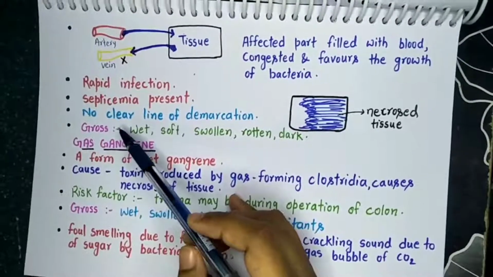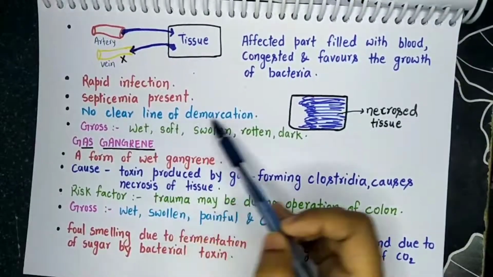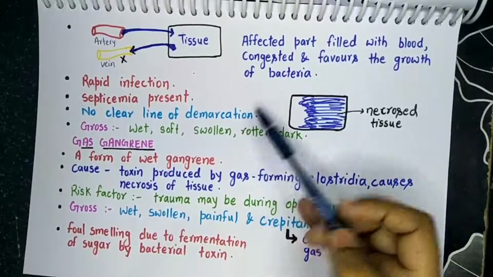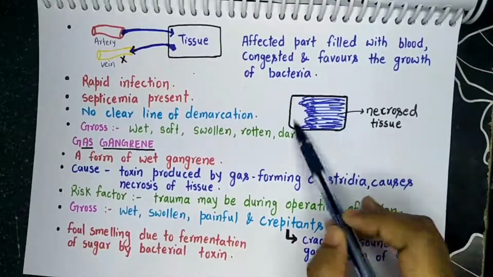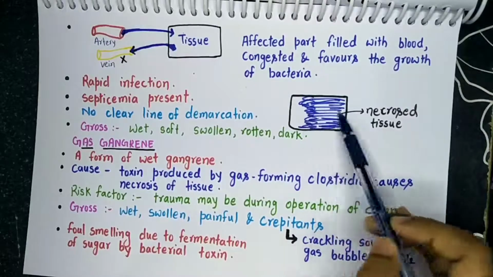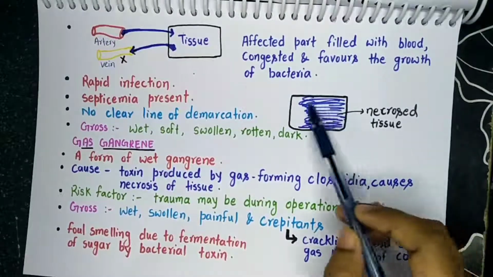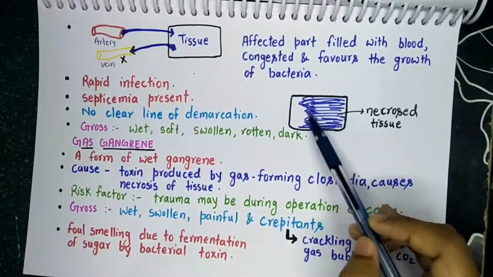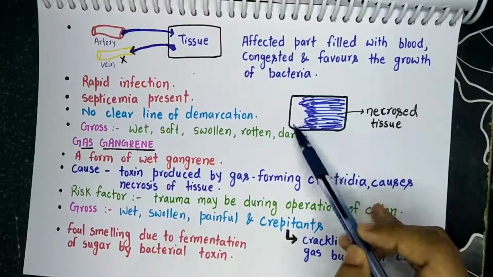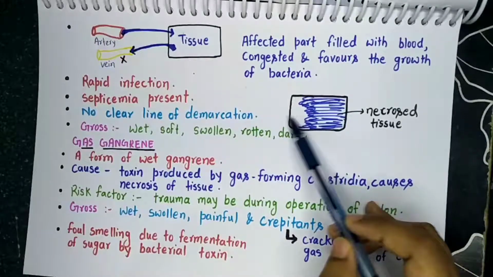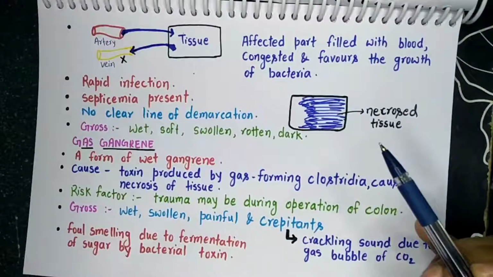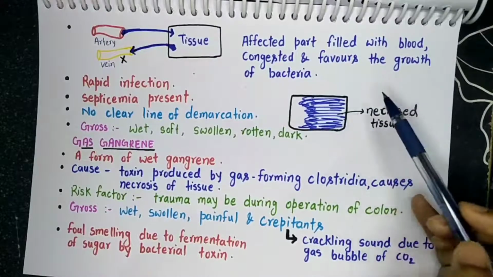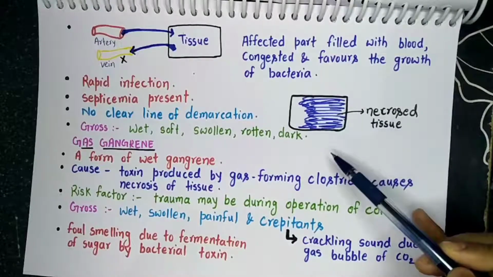And the next one is, there is no clear line of demarcation in case of wet gangrene. Like in a section of a tissue, the necrosed part of the tissue cannot be differentiated by any line of demarcation from the normal part of the tissue. So it's difficult in case of wet gangrene to surgically remove the necrosed part of the tissue.